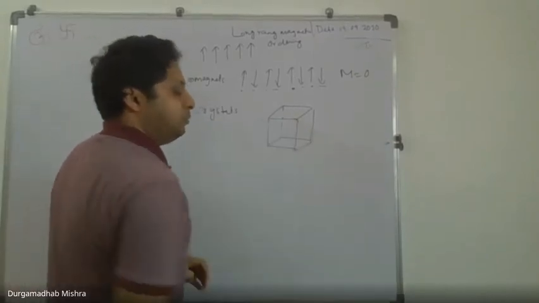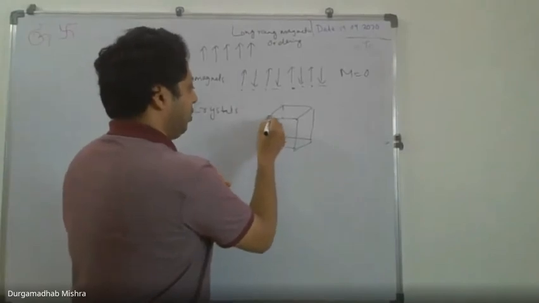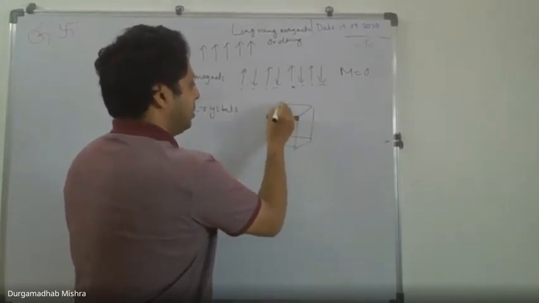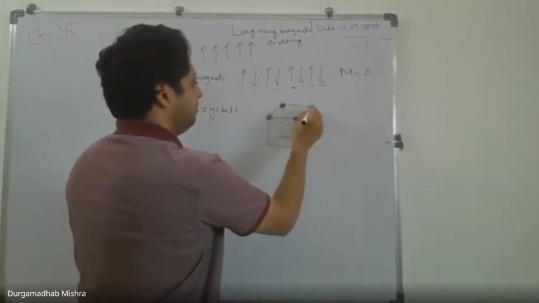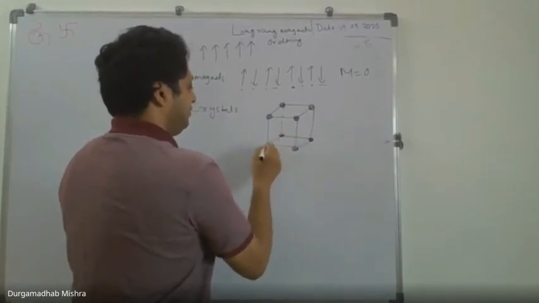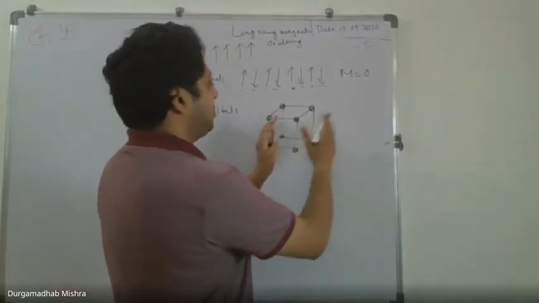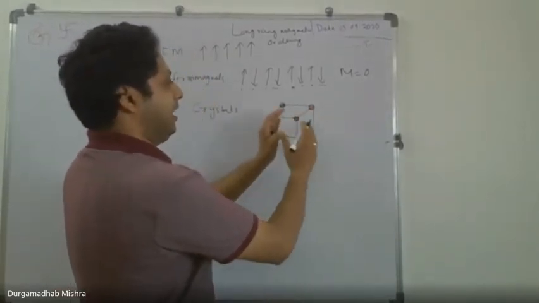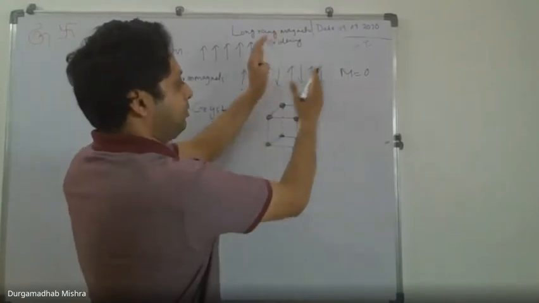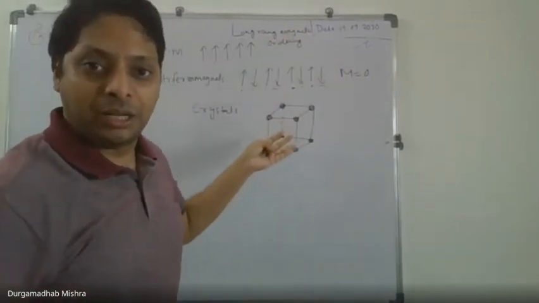Then when you make a crystal, you have atoms at each corner. Okay. And then you just translate it in x, y, z. So you just put more number of cubes in all directions, and then you can make a crystal. Okay.